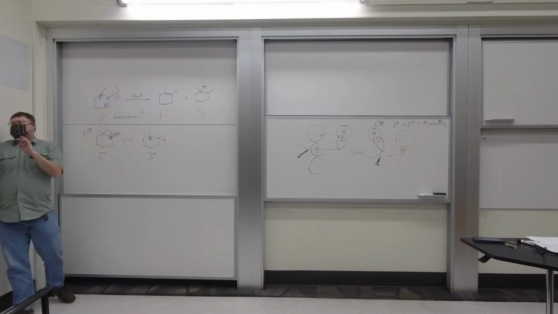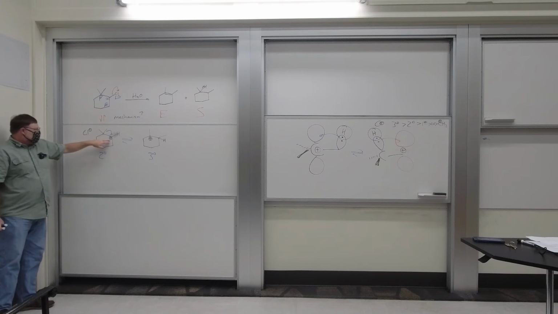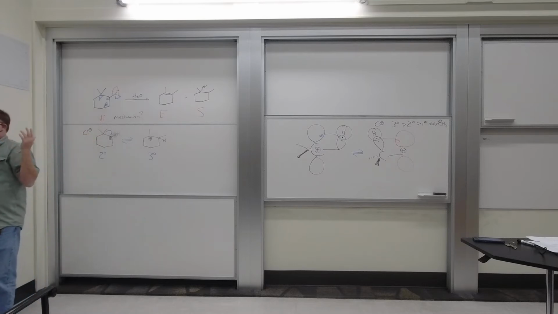When I say it's tertiary or secondary, I mean the carbon that's positively charged. So that's a secondary cation right there. That carbon's bonded to two carbons. So having a neutral tertiary carbon is no better or worse than a secondary neutral carbon. So you're just focusing on the carbon that's positive.